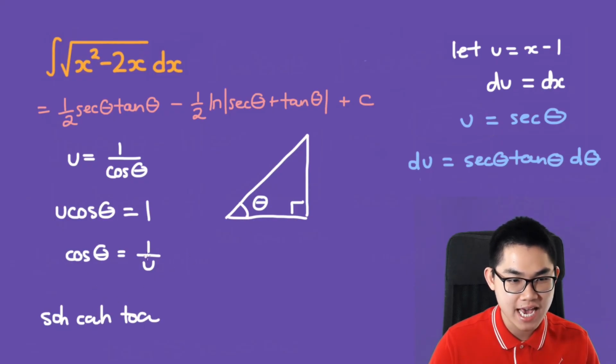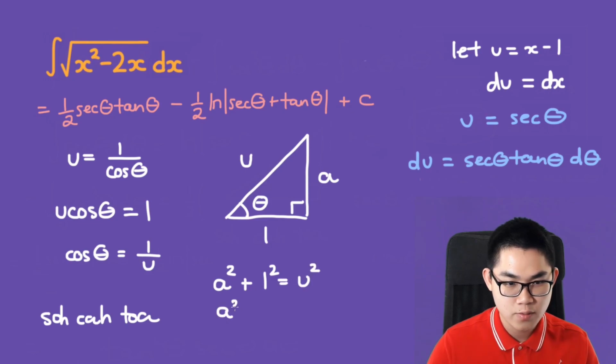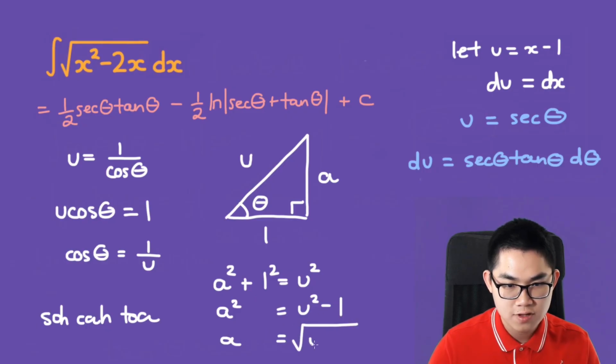So the adjacent side is 1, and the hypotenuse is the u. We need to find this side. So let's call this side a. According to the Pythagorean theorem, a squared plus 1 squared is equal to u squared. So a squared is u squared minus 1, and a is the square root of u squared minus 1.